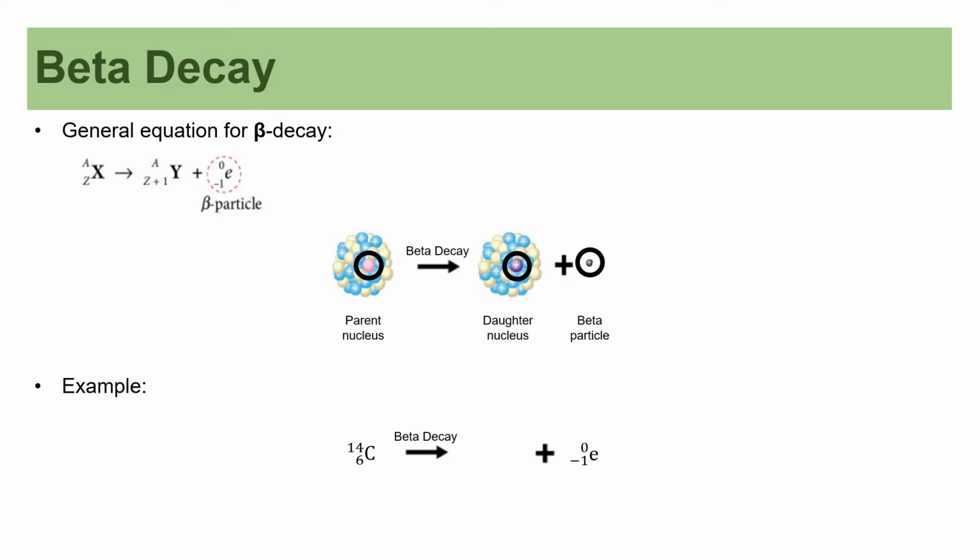Because it is effectively gaining a proton, its atomic number will increase from 6 to 7, making a nitrogen rather than carbon. However, you will realize that the mass number will actually stay the same, which is 14, because although it gained a proton, it also lost a neutron.